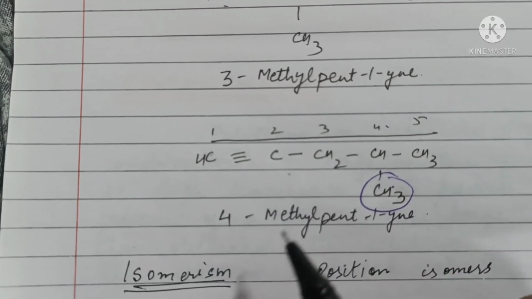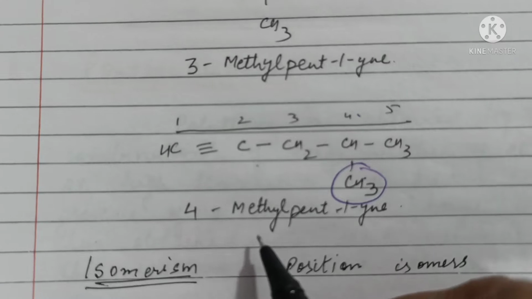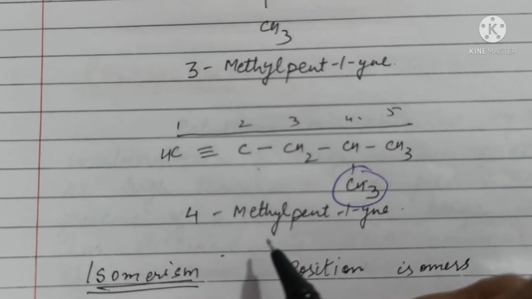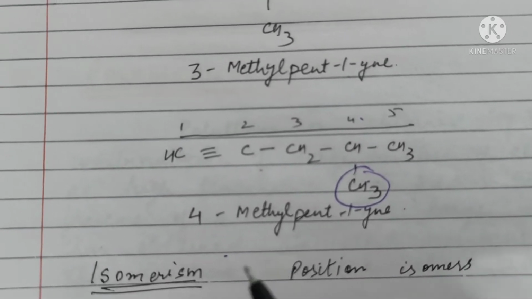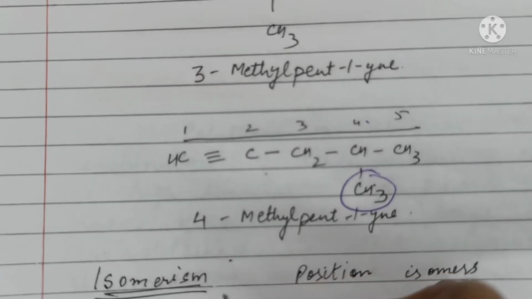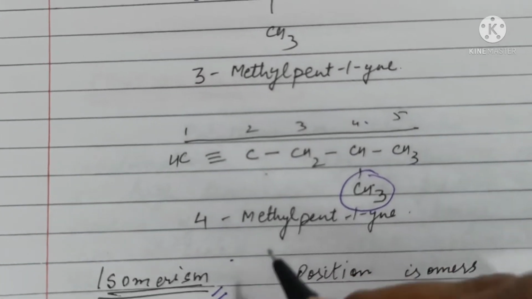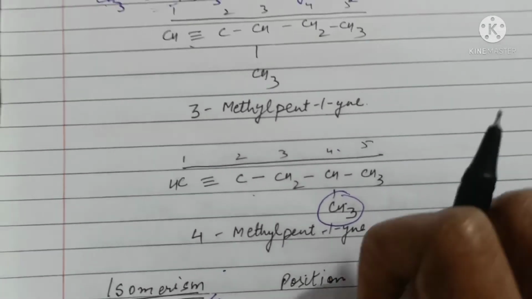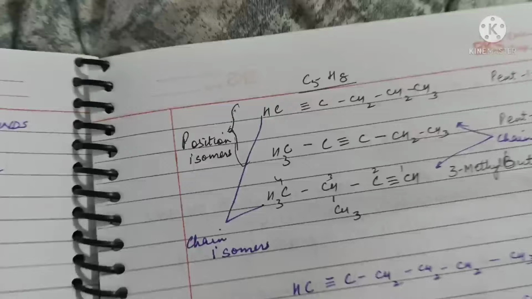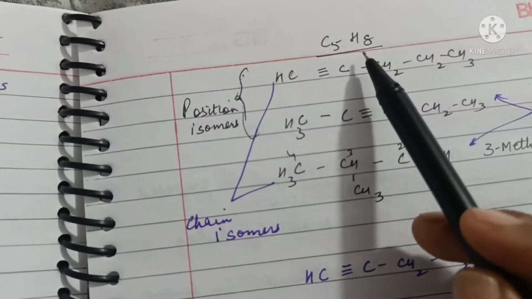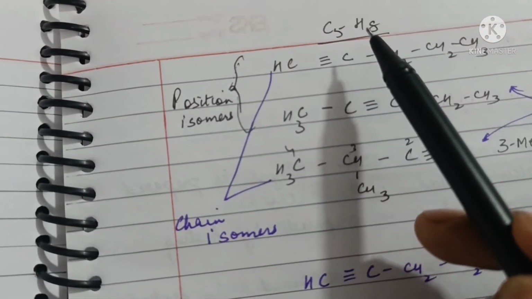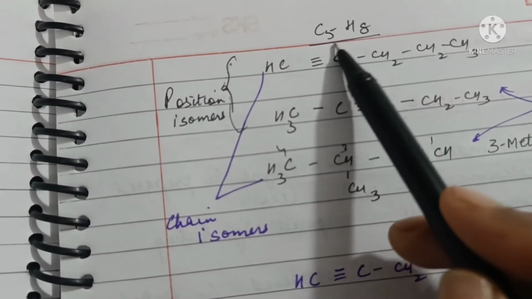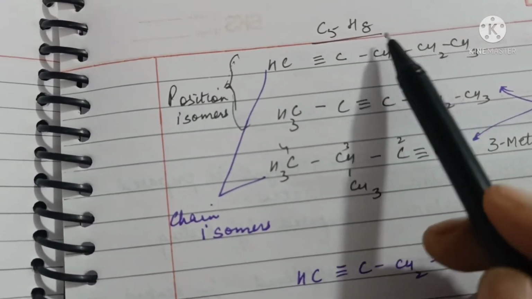In alkynes, when the molecular formula is same but the structural formula is different, the properties are different, this phenomenon is called isomerism, and alkynes will show position isomerism as well as chain isomerism. Let us see the structures of different isomers of C5H8 pentyne.